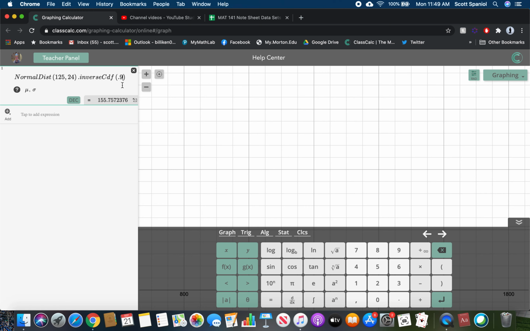So to do the one on the left, I just put in 0.025, right? 2.5% as a decimal, and I get 77.96, which is 78. And then to do the one on the right, I'm going to add 95% to that. So 95 plus 2.5 is 97.5, so 0.975. So that's 172.04, which is 172.